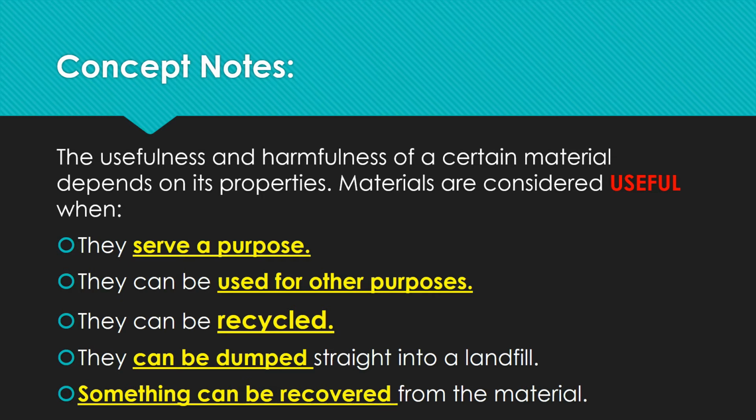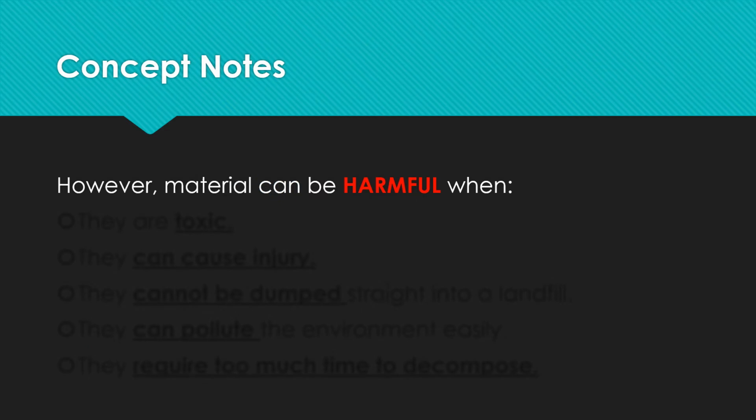And lastly, a material is considered useful when something can be recovered from the material after it has served its main purpose. However, material can be harmful or dangerous when it is toxic.